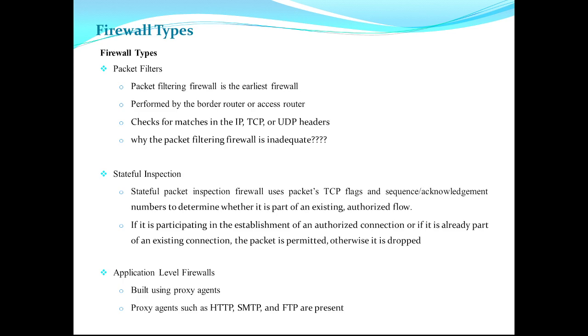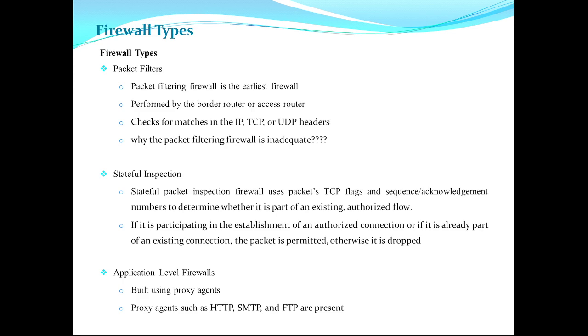Let's say the source IP address is something like ABC, the destination IP address is the mail server's IP address, the TCP destination port is 25, nothing but the SMTP port, and it has some flags like ACK flags. Now such a packet would be part of normal flow, provided a connection between that source IP address ABC and the mail server has been established.